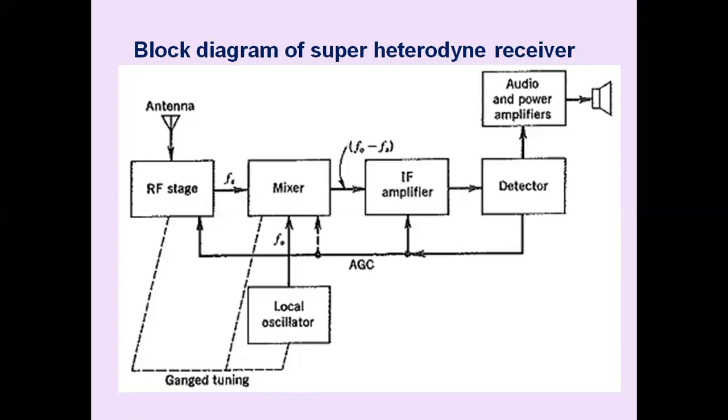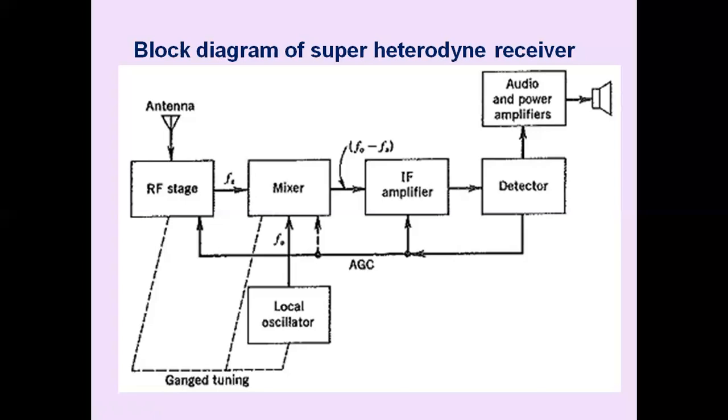The IF amplifier generally uses two or three transformer coupled amplifier stages, each consisting of a pair of mutually coupled tuned circuits. With this large number of double tuned circuits operating at a constant, specially chosen IF frequency, the IF amplifier provides most of the gain and bandwidth requirements of the receiver.